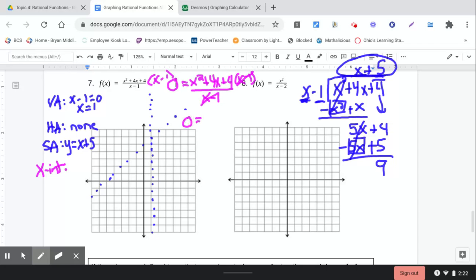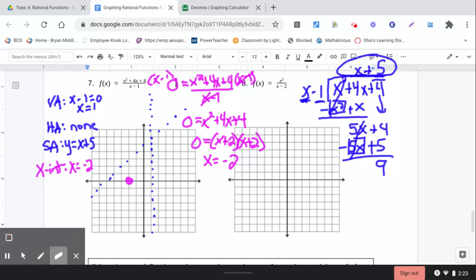So we get 0 equals x squared plus 4x plus 4, which I think that'll factor. Oh yeah, it does. It's x plus 2 times x plus 2. And we set those both equal to 0, and we get x equals -2. So our x-intercept is -2. So there it is.